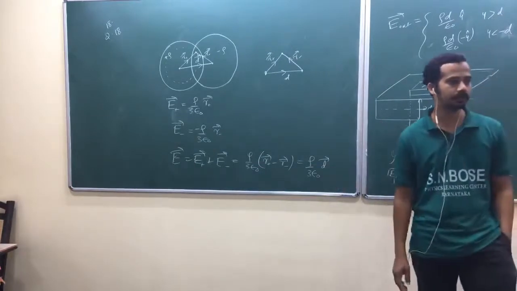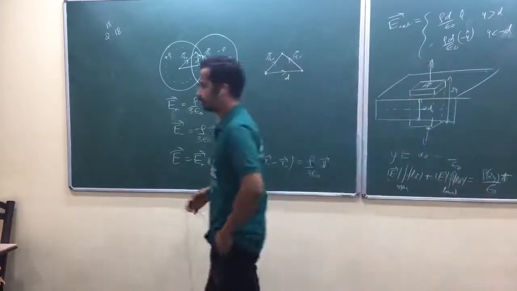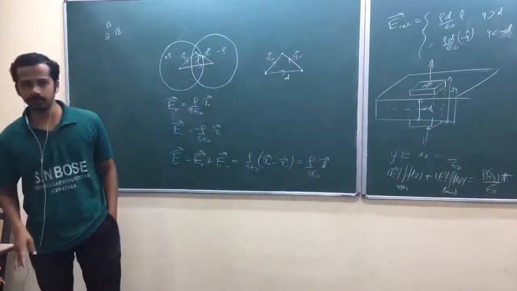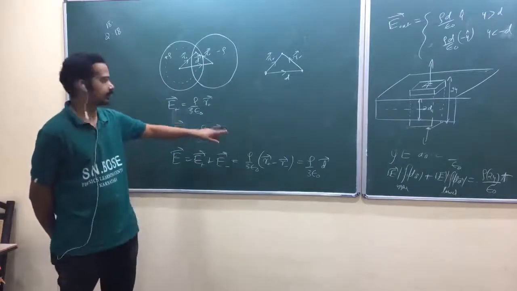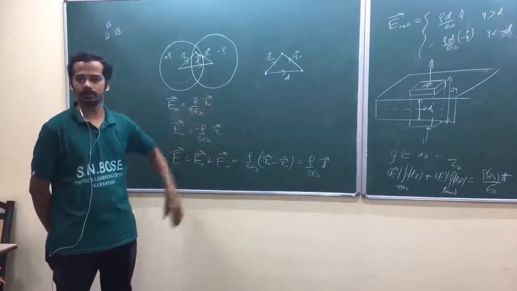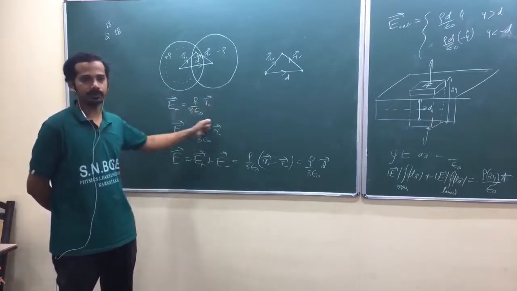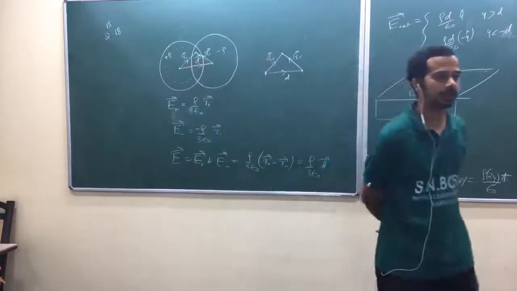Yesterday we have written in terms of total charge. We should be able to manipulate that expression. If you have the expression in terms of total charge, you should be able to convert it into charge density. If it is in terms of charge density, if you substitute total charge by charge density times total volume, it will be in terms of total charge.